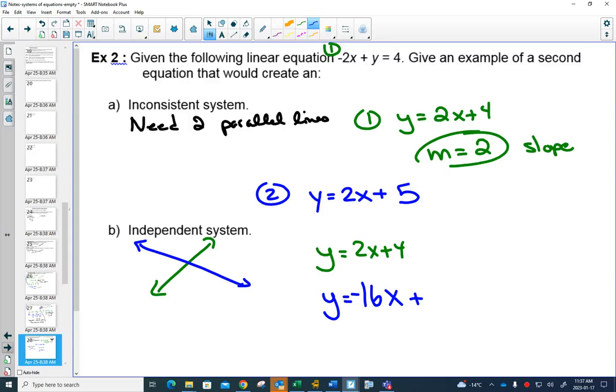No. Any line with a different slope, no matter where you move it, will cross only at one point. The only way that they're parallel is if they have the same slope, and the only way they're identical is if they're exactly the same. So I could put any number there.